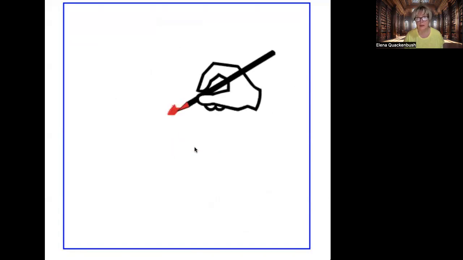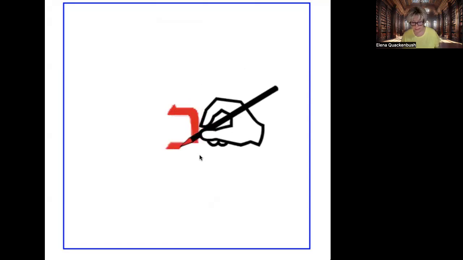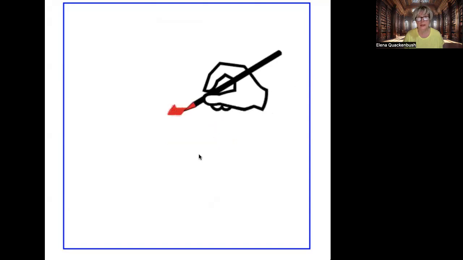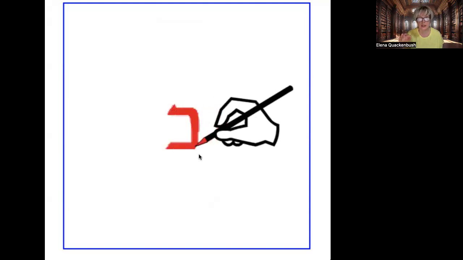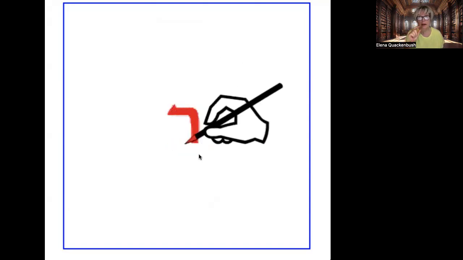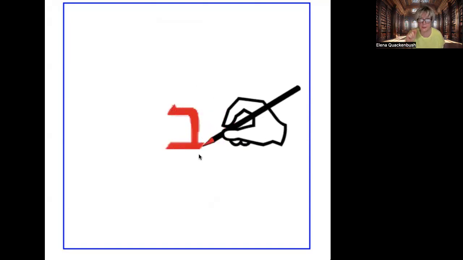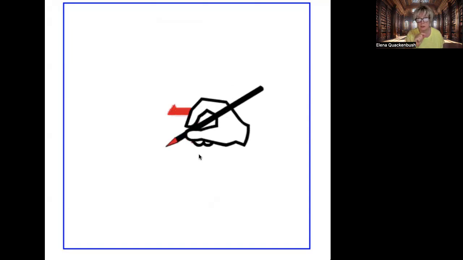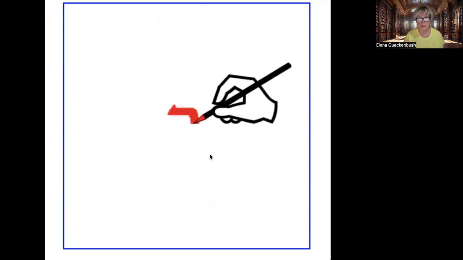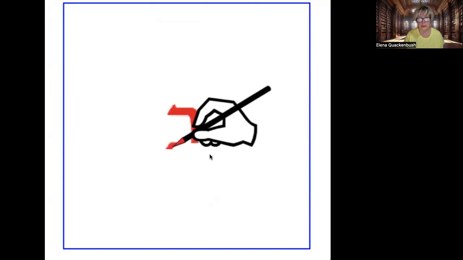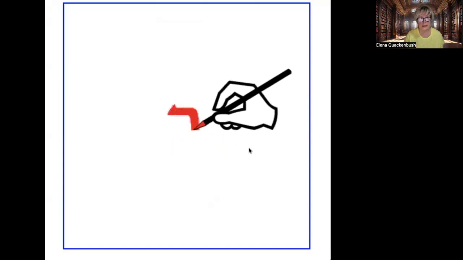So that's how we write it. To write the letters, I recommend using graph paper and putting those letters into 4 squares. That will be much easier for you. So this is Bet, Vet.